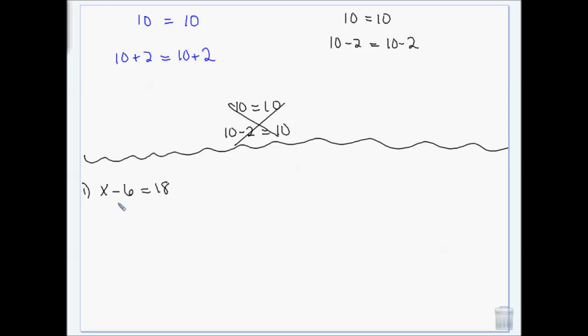So what I'm going to do is, if this is minus, I'm going to add. But I can't just add on this side. I have to add on both sides or I'm no longer true. Well, negative 6 plus 6 cancels each other out. And I'm left with x. 18 plus 6 is 24.